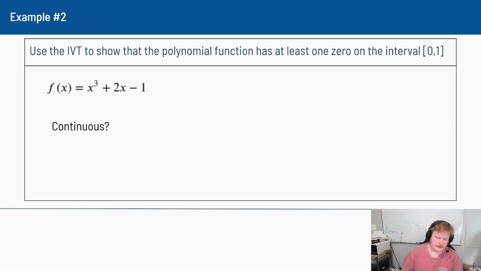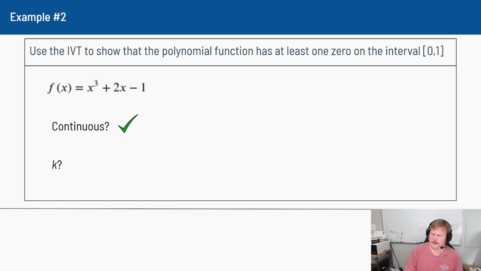And in order to state the conclusion of any theorem, we must show that the hypothesis, or hypotheses in this case, are true. Well, it's a polynomial function, so it has to be continuous over its entire domain, because we know polynomial functions don't have any jumps, skips, gaps, or holes. So check.